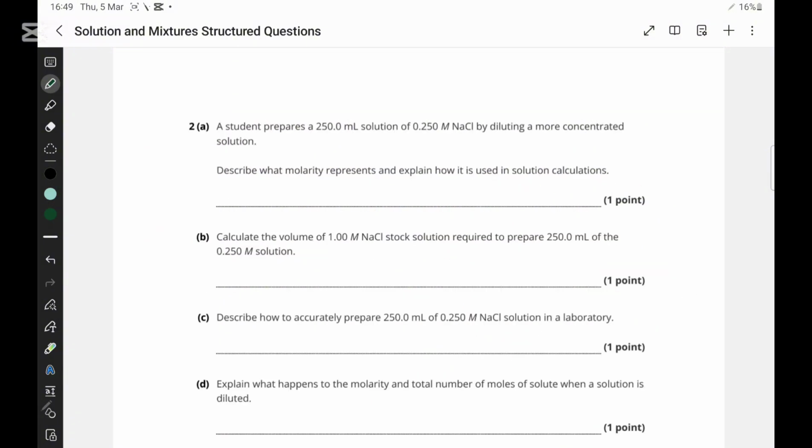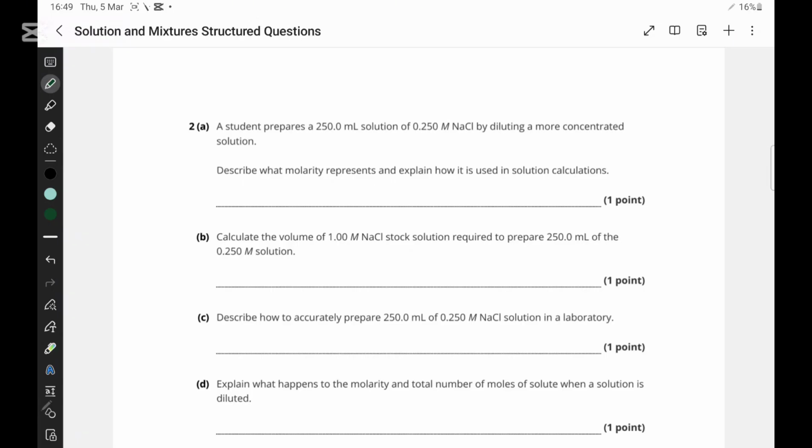The next question is, a student prepares 250 milliliter solution of 0.250 molarity NaCl by diluting a more concentrated solution. Describe what molarity represents.